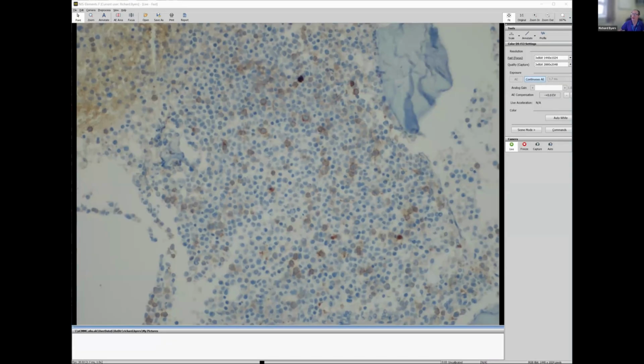The interesting thing about this AML is that it had a mutation in it. Let's just bring up the clinical history. This had a CBFB-MYH11 fusion. So it's a genetically characterized AML with CBFB-MYH11 fusion, and that type of AML is specifically associated with eosinophilia.